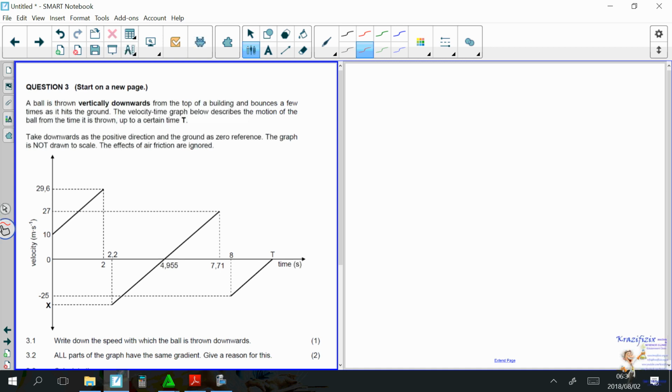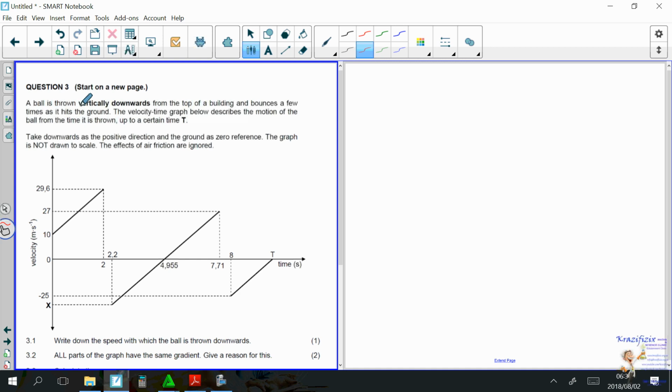From the top of a building, the ball bounces a few times as it hits the ground, and you can see the graph. The velocity time graph below describes the motion of the ball from the time it is thrown up to a certain time t. I actually advise that you need to be able to draw a graph from this question just by looking at it.